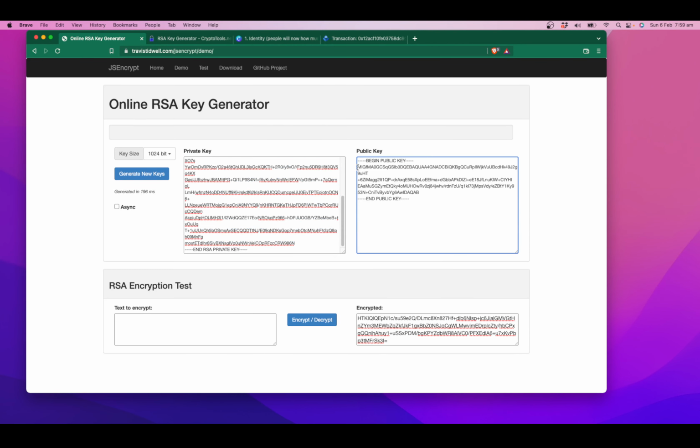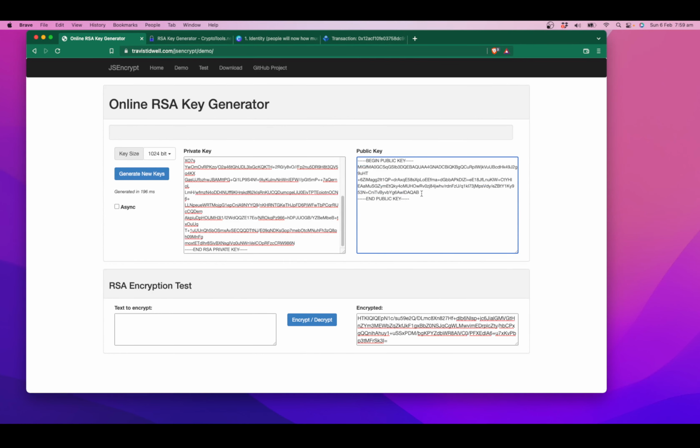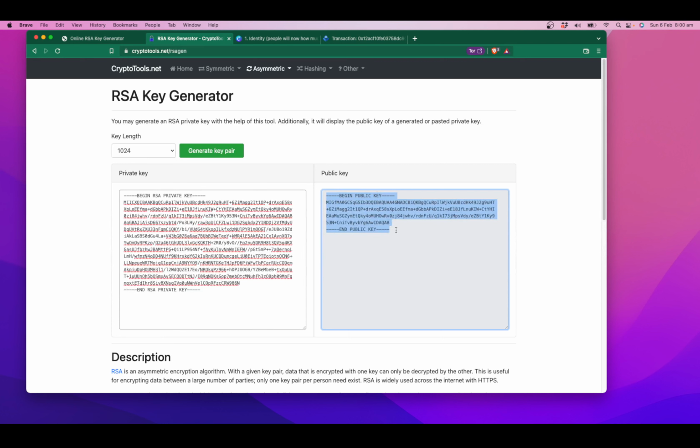If we look at the first few characters, MIG, you will see MIG, and if we go here, you can see the last four characters, DAQAB. You can see DAQAB. So it means that from a private key you can always get a public key, but from a public key you cannot get a private key.